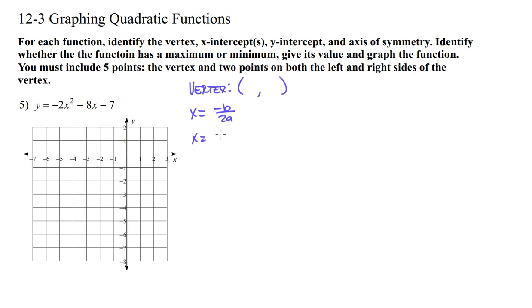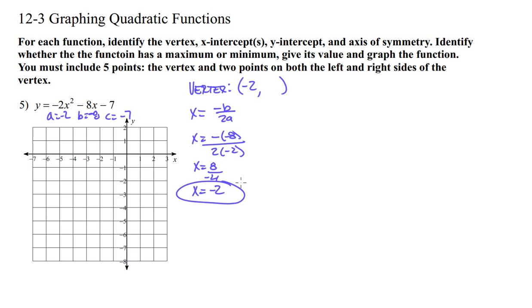So in this case, a is negative 2, b is negative 8, c is negative 7. So we get x equals negative, b is negative 8, all over 2 times negative 2. So that gives us positive 8 over negative 4, excuse me, and that ends up giving us negative 2 for our x.